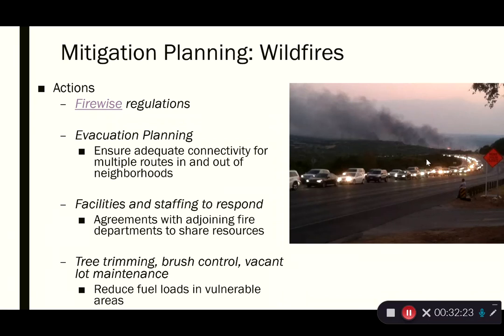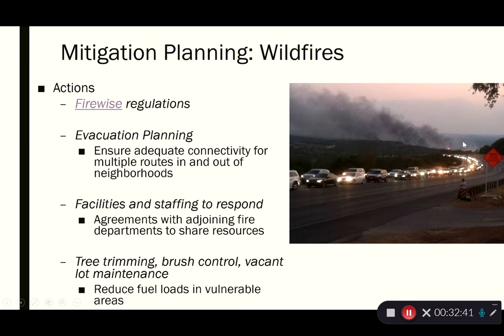So it can be an enormous challenge to get people out of harm's way from some of these neighborhoods. And when you have this kind of traffic trying to come out, you can imagine for the emergency service workers, the fire trucks and so forth, trying to get in to deal with the fire, it can be really hard to get in.